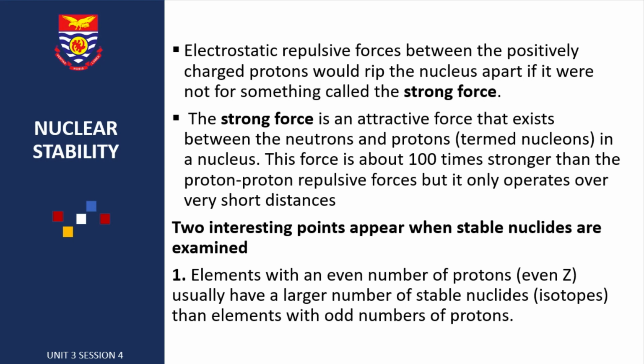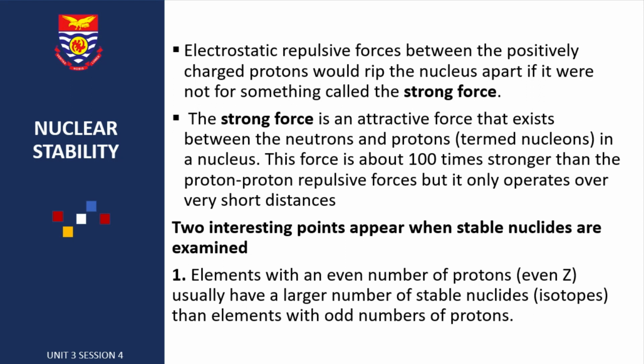The reason is that there is also an attractive force that holds the protons and the neutrons together in the nucleus. This attractive force is about 100 times stronger than the repulsive force that exists between the protons in the nucleus, and so this strong force holds the nucleus together and prevents it from ripping apart.